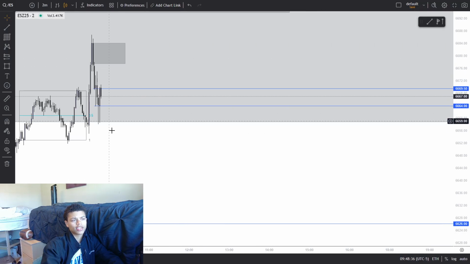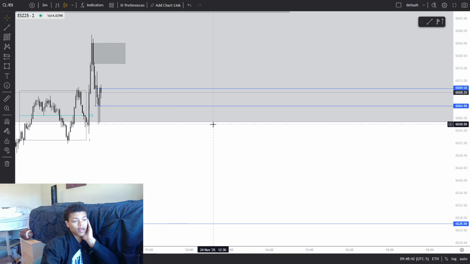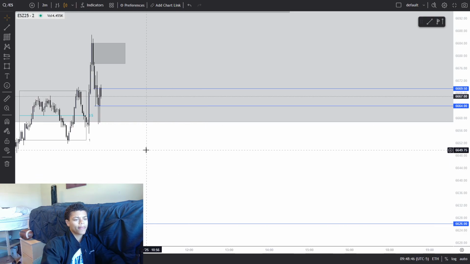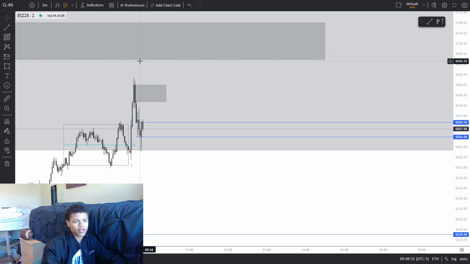I do kind of want to see us push higher though on ES because we do have this order block right here. Low key, kind of a premature entry possibly. We do have this here on ES that we could take too.